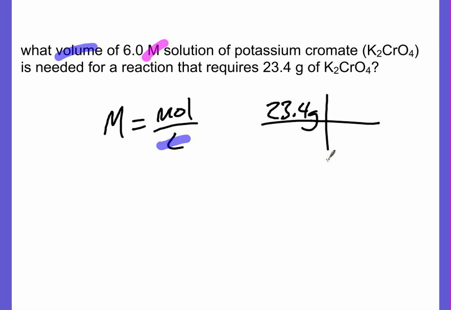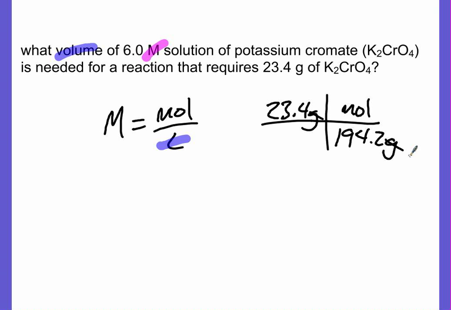And then add a chromium, 52. And then add 4 oxygens, 4 times 16. And I get this value here, 194.2 grams per mole.